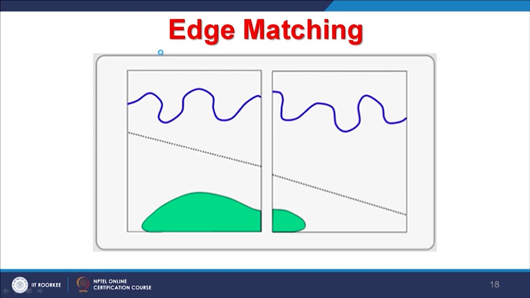Now, there was one more topic after image merging and image fusion, which is edge matching. Very briefly I will touch this point, because it depends on how good the two data sets are, what their quality is, and whether the time difference is minimum.